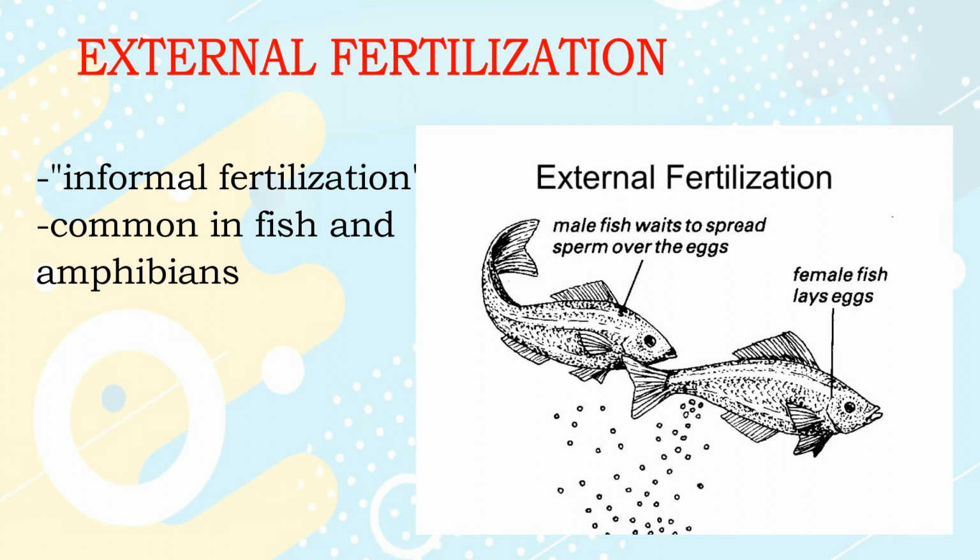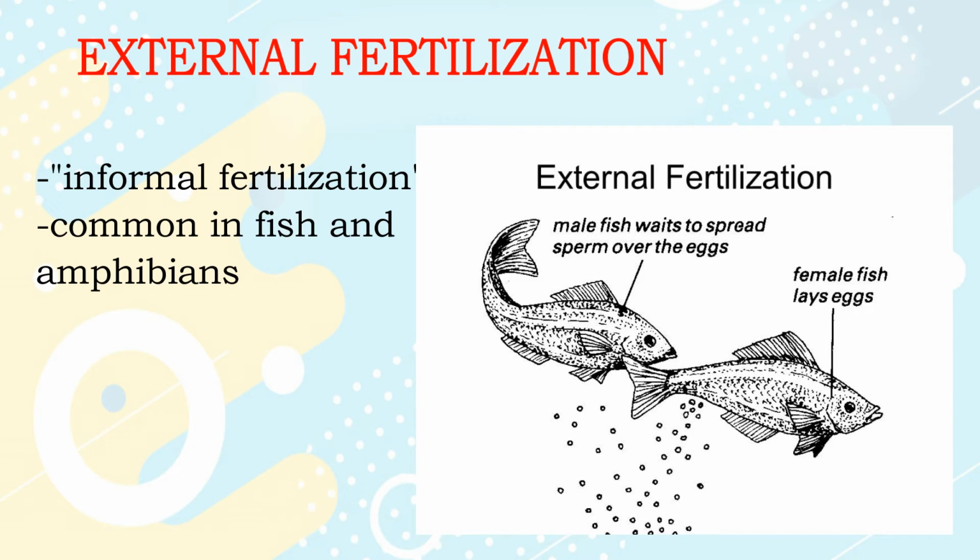When we say external fertilization, this is sometimes called informal fertilization. And this external fertilization mostly happens in fish and amphibians, in which the union of the sperm cell and egg cell happens not inside the body of the organisms, but in the environment.